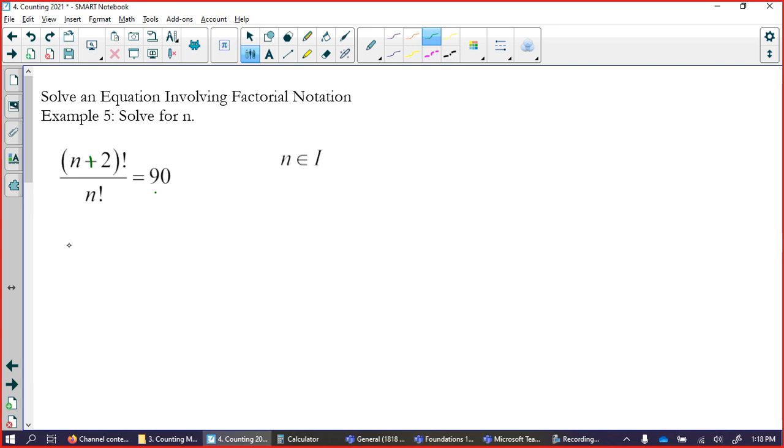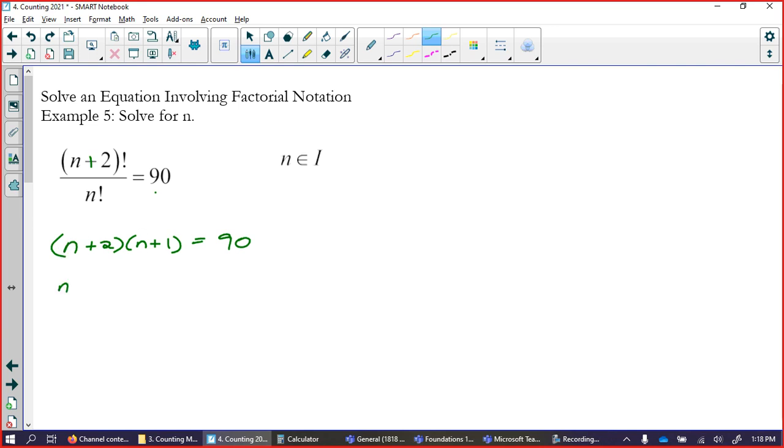Well, looking at this part, I would have n plus 2, n plus 1. Everything after that is going to cancel because we divide those. And then this side is going to equal 90. Then we have a polynomial that we had in grade 11.